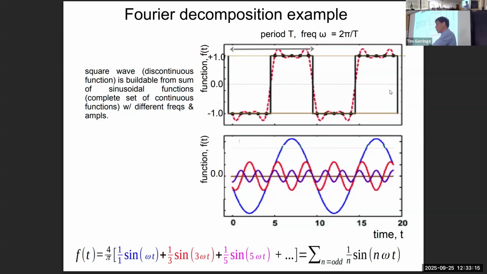The square wave just transitions from one level, say one voltage or one amplitude, to another voltage, another amplitude, in a discontinuous way, whereas the sine waves at different frequencies and different amplitudes are continuous functions. They're smooth functions. So we're able to build a discontinuous function out of continuous functions.